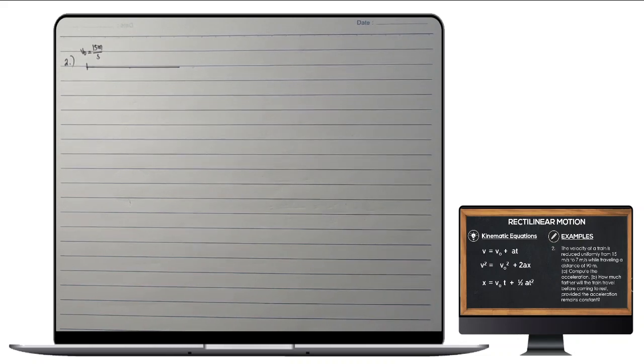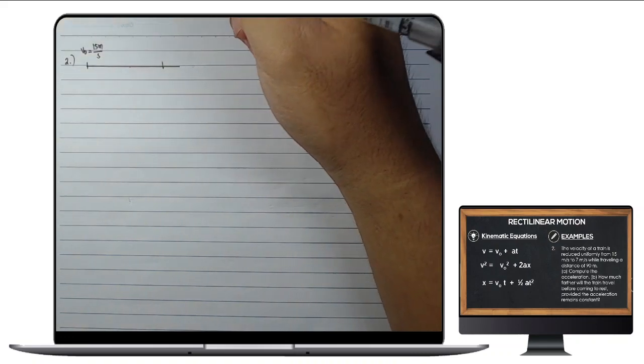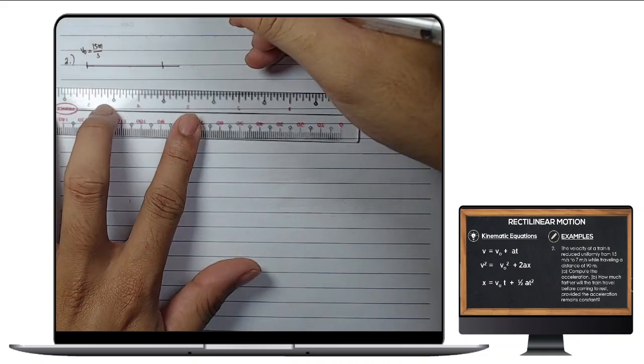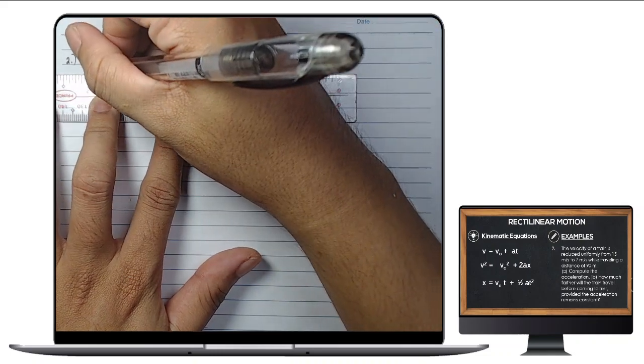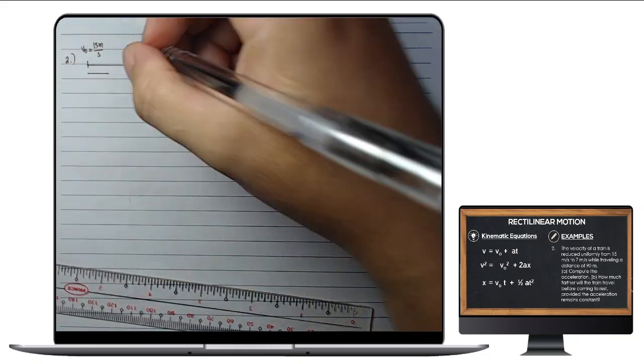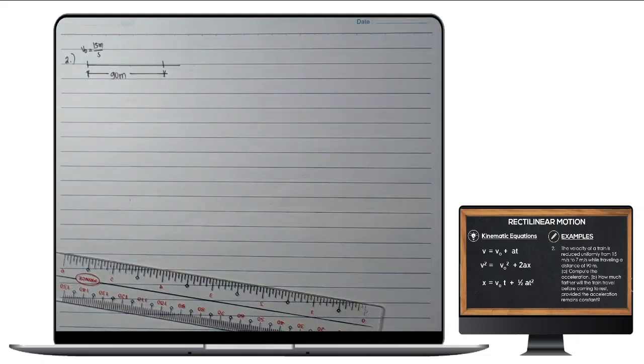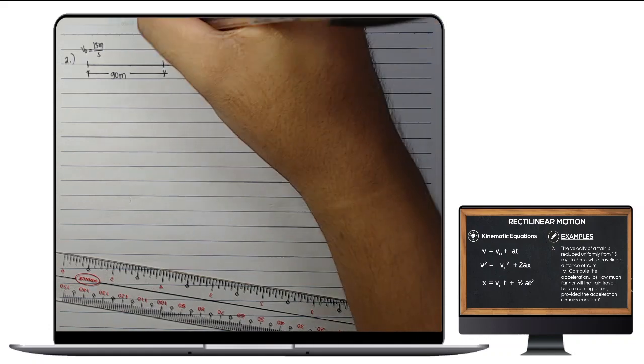Okay? So going back to the problem, the initial velocity here is 15 meter per second. Then, at a distance of 90 meters, so yung distance natin dito is 90 meters. So at a distance of 90 meters, it reduced uniformly.